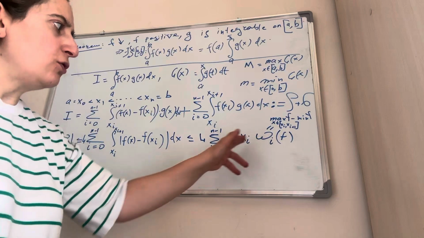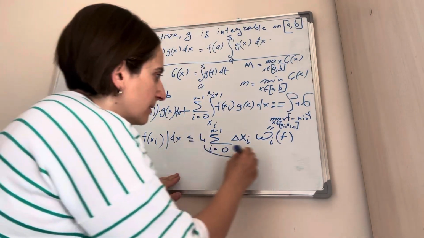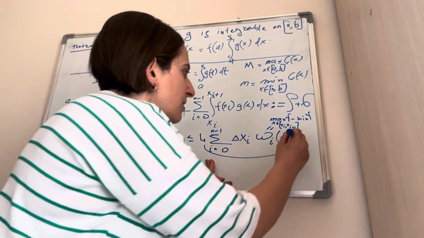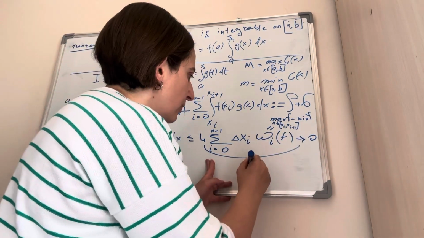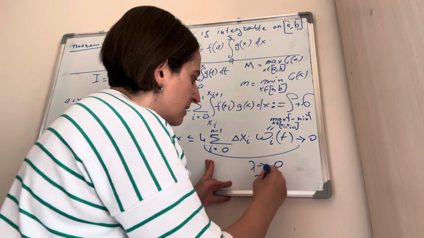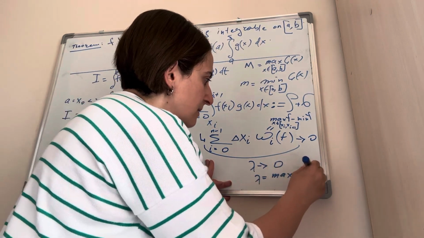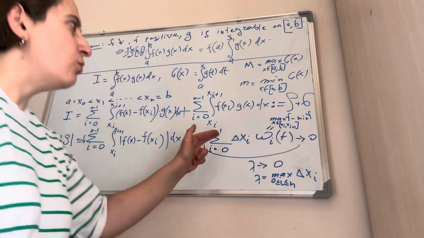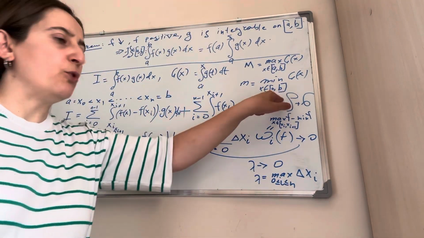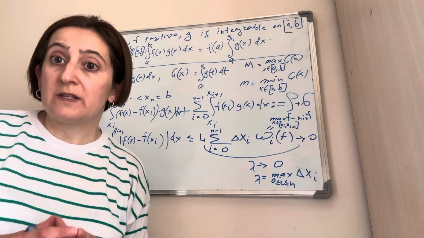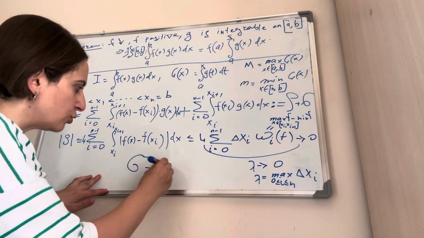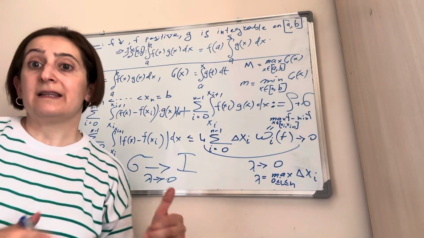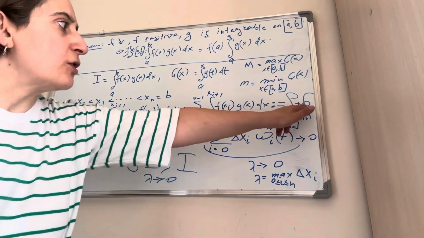Okay, so this difference here, we know for integrable functions goes to 0 when lambda goes to 0, where lambda is the maximum of these delta xi's for i between 0 and n. What we have now is this component here, rho, goes to 0. This means that sigma goes to I when lambda goes to 0. So let's keep this in mind and move to the estimation of sigma.